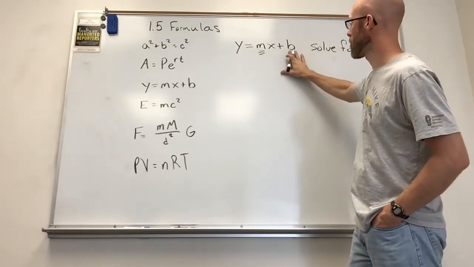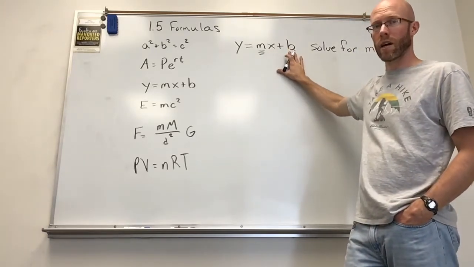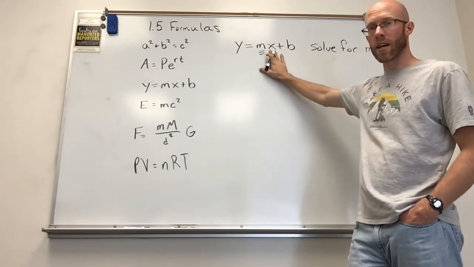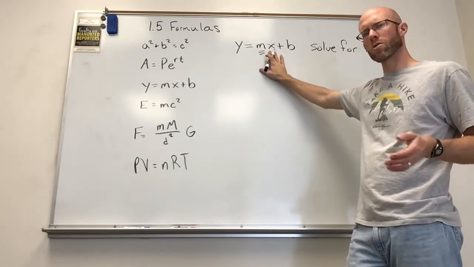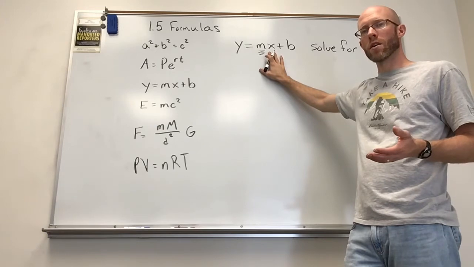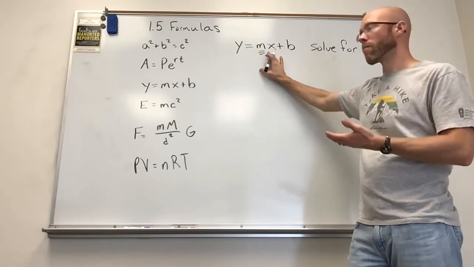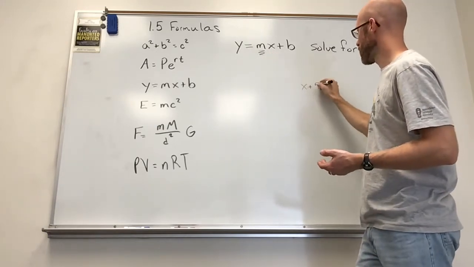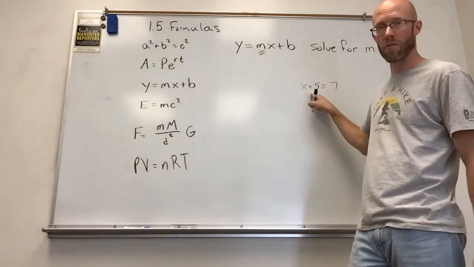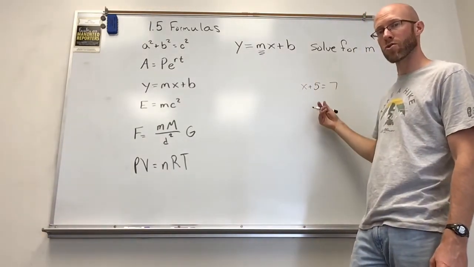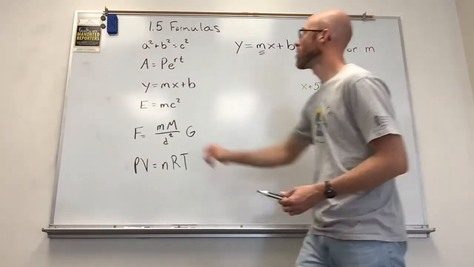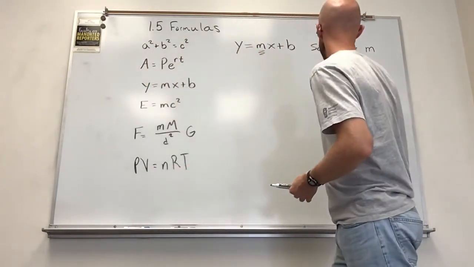We want to zero out the b, because that's our constant, and we want to get rid of the x. To get rid of these things, we always do the opposite operation of what's being shown. If I had x plus 5 equals 7 and I wanted to get rid of the 5, I'd have to do the opposite and subtract the 5. So we need to do the opposite.